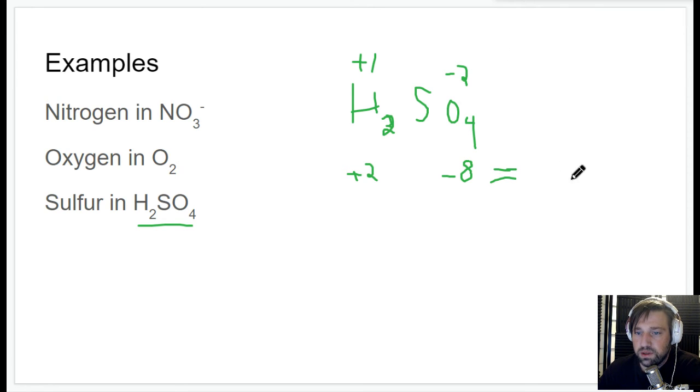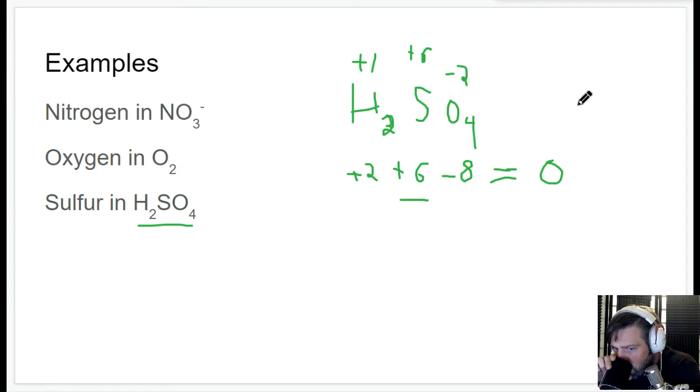It's neutral, so it should equal 0. So what will sulfur be? Well, +2 minus 8, that should be +6. So the oxidation number for the sulfur is going to be +6. There we go. Not too shabby.